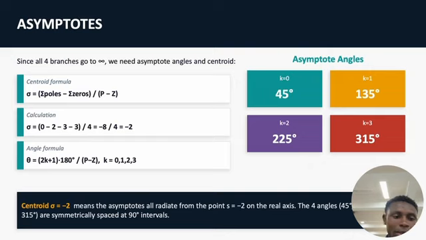The calculation is 0 minus 2 minus 3 minus 3 divided by 4, which is equal to minus 2. The angle formula is 2k plus 1 times 180 degrees divided by p minus z, where k is equal to 0, 1, 2, 3. This means the asymptotes radiate from the point s equal to negative 2 on the real axis. The angles, 45 degrees to 315 degrees, are symmetrically placed at 90 degree intervals. Thank you.